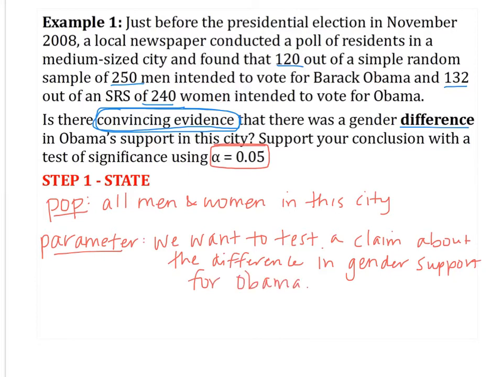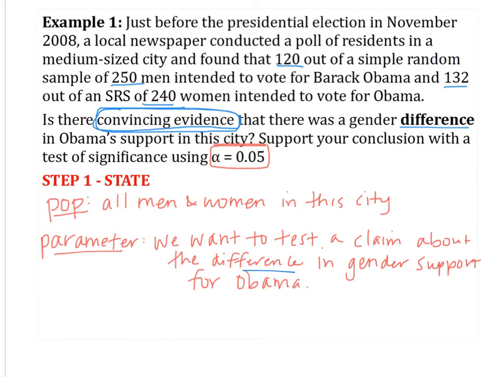So for the parameter, once again, I'm not getting creative, I'm just restating what's here. We don't have to think of something big and crazy, we just restate what was in the problem with the difference of gender support.